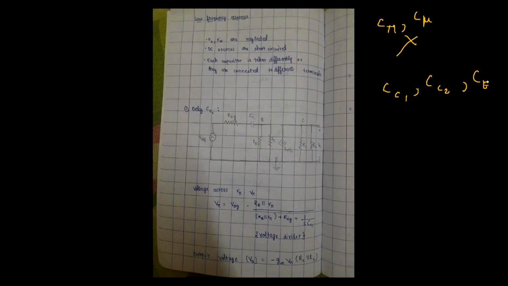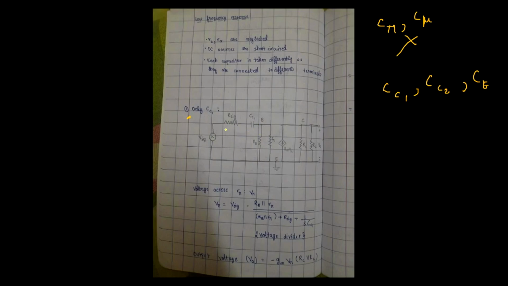So we take one at a time. We calculate the omega naught due to each capacitor, and then in the end we plot all of them together on the Bode plot.